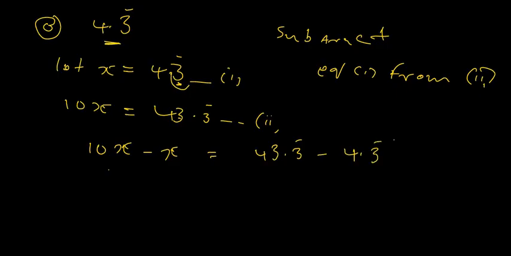If we subtract this one and that one, it will give us 0. Then here we'll have 9x, which is equal to 43.3 minus 4.3, we are going to have 0.